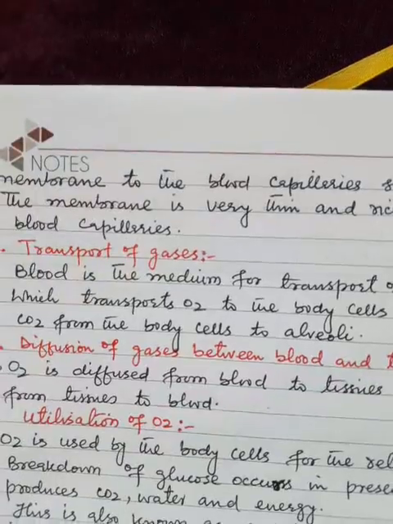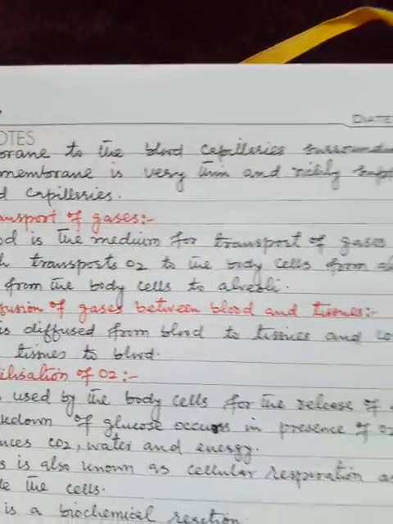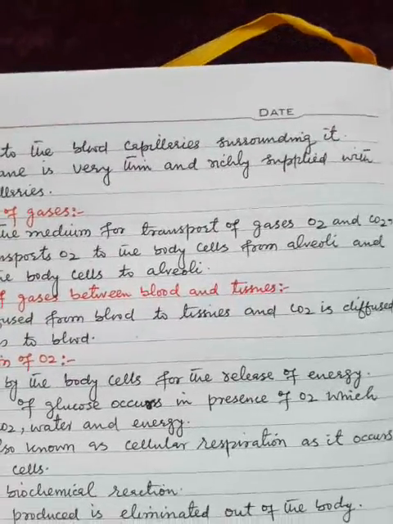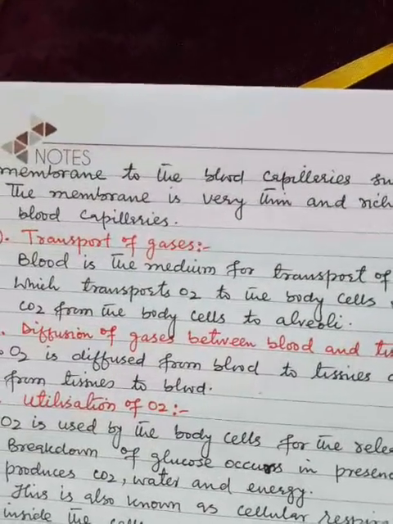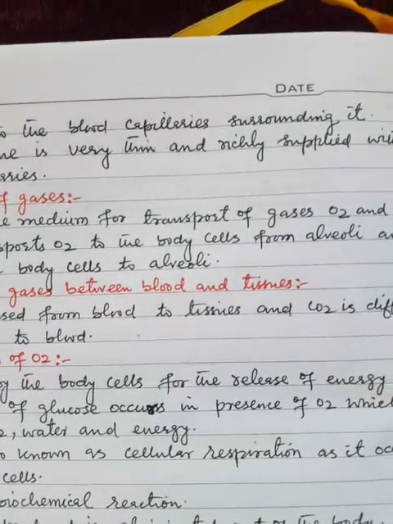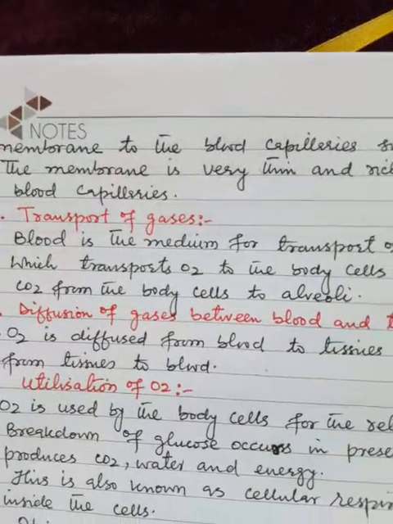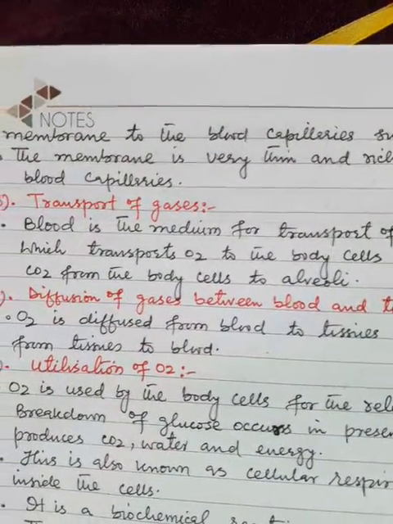The third step is the transport of gases. Blood is the medium for transport of gases, oxygen and carbon dioxide, which transports oxygen to the body cells from alveoli and carbon dioxide from the body cells to alveoli.